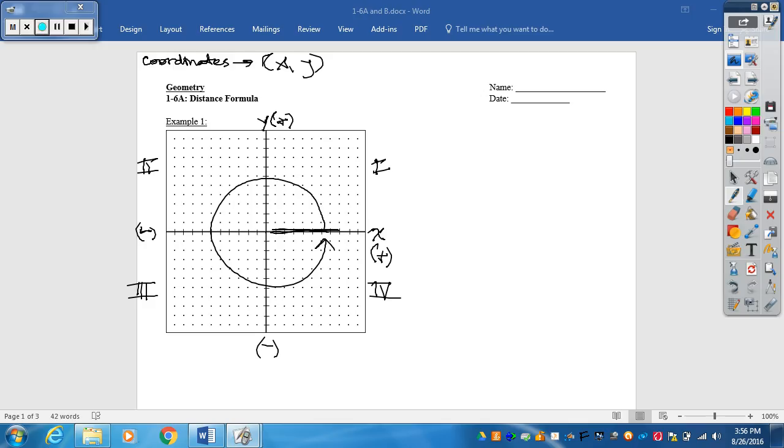So x, then y. Another name I could use for coordinates would be ordered pairs. I'm just going to put down here in quotations, ordered pairs. That's another name I could use to describe what's happening there.